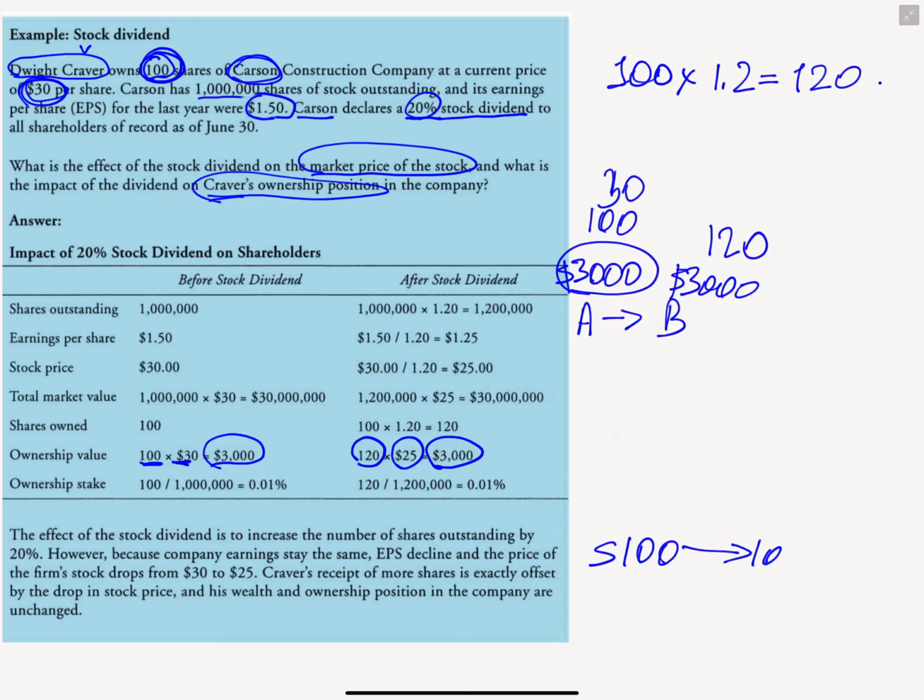Every share was $30, but now every share is $25. But the overall ownership value doesn't change. Stock split and stock dividends don't have an effect on ownership value.